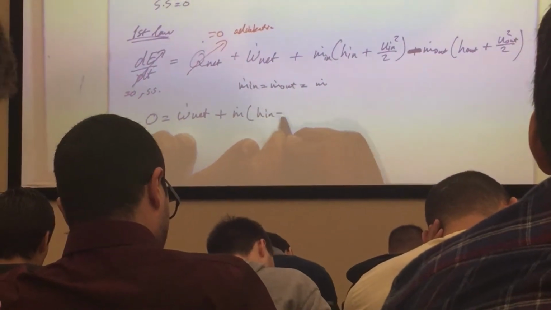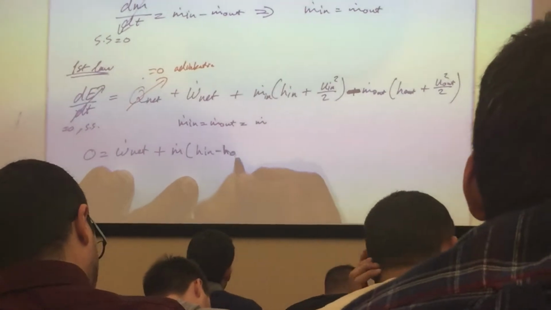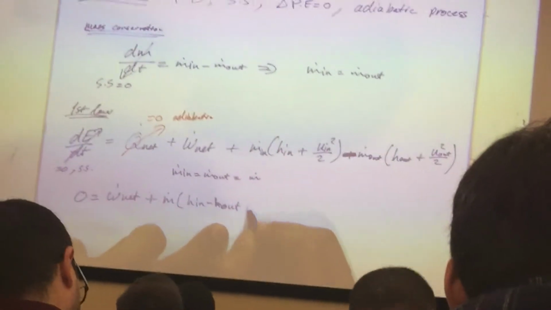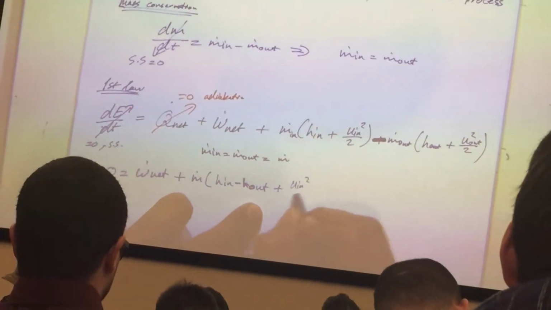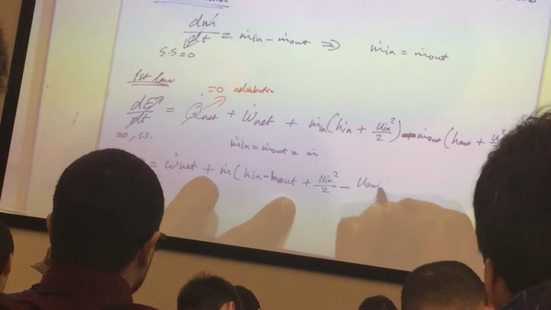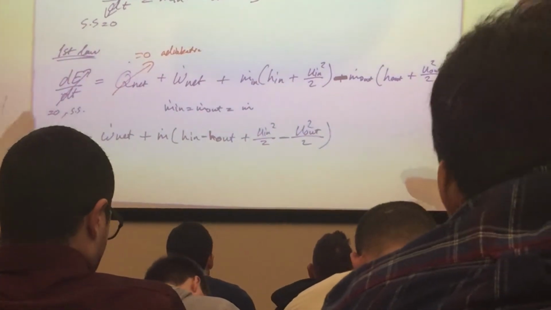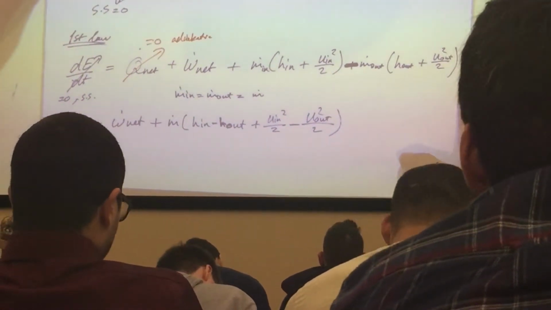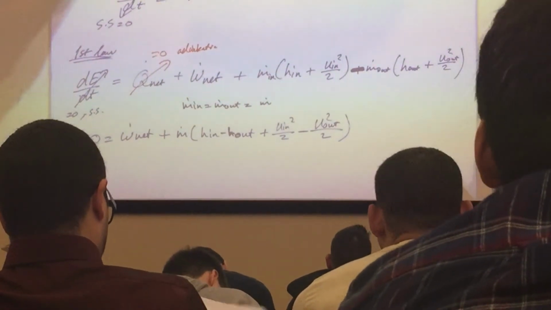So minus m dot out, enthalpy out, plus the kinetic energy u squared over 2, minus the outlet kinetic energy of the system. So let's take it and apply it to some of our components in the engine. These are like the general forms of what we just wrote, applying it to the engine directly.